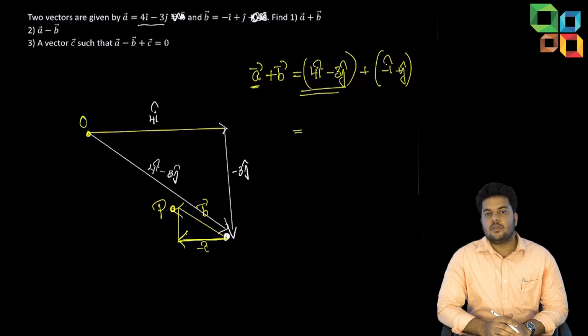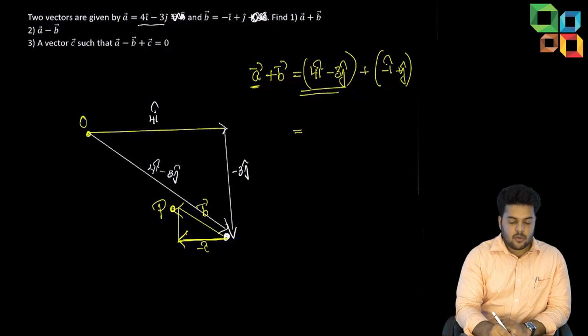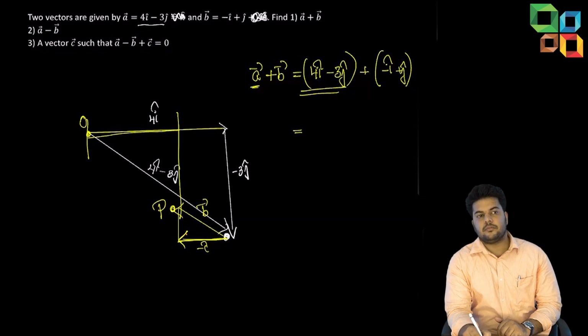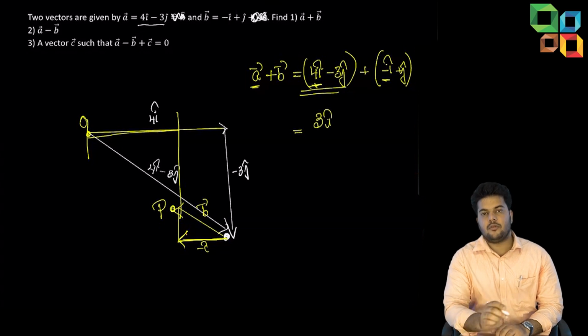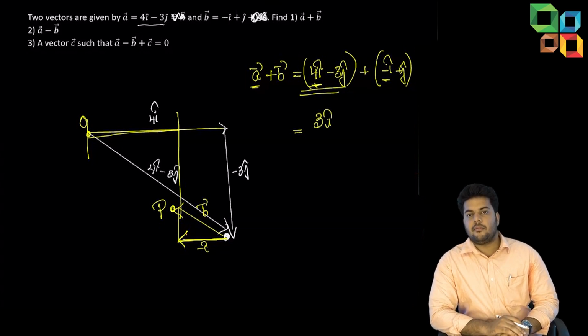So what is the total number of steps from the point O to the point P? That is 3, isn't it? 3i cap. Look at that, 4i, 4 steps front, 1 step back. So 3 steps forward. Is that okay, Aishwarya? Yes, sir.